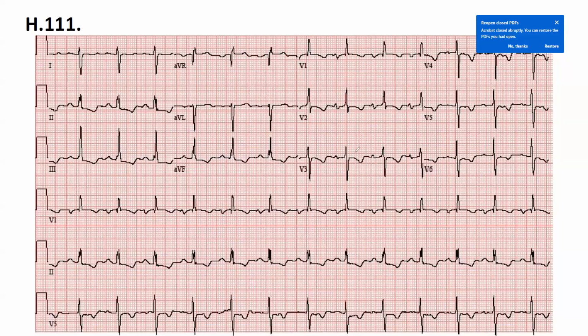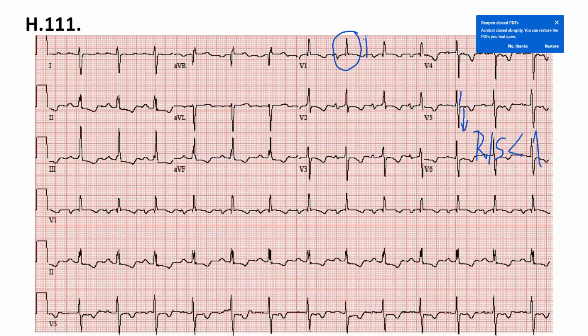So first of all, let's see V5, V6, is there a very tall R? No. However, in V1 you do see a big R wave. And in V5, V6, if you compare the R wave to the S wave, you can see that the RS ratio is less than 1, meaning the S is too deep.